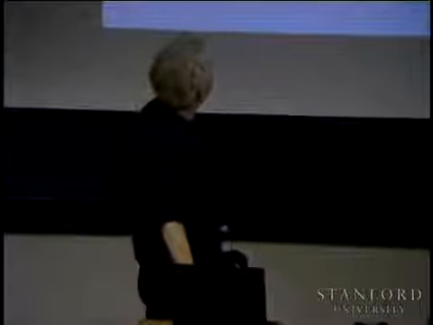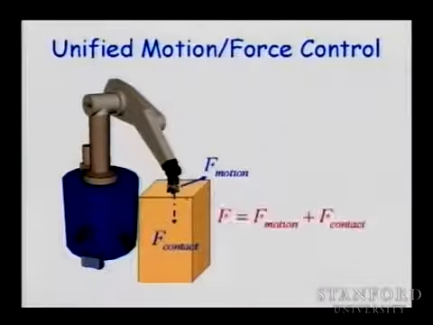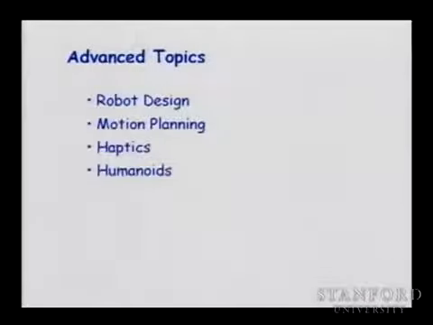So we need to deal with force control, and we need to stabilize the transition from free space to contact space. So we need to be able to control these contact forces while moving. And what is nice, if you do this in the Cartesian space or in the task space, you will be able to just merge the two forces together to control the robot directly to produce motion and contact.